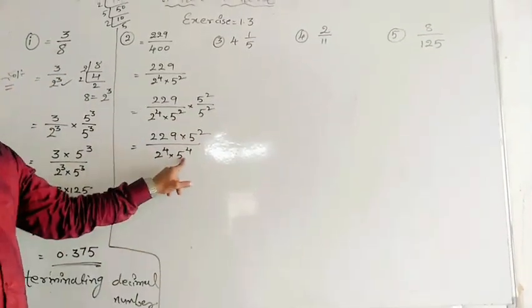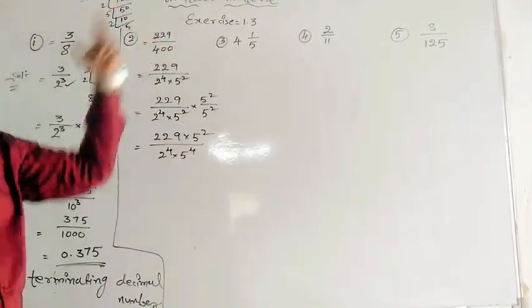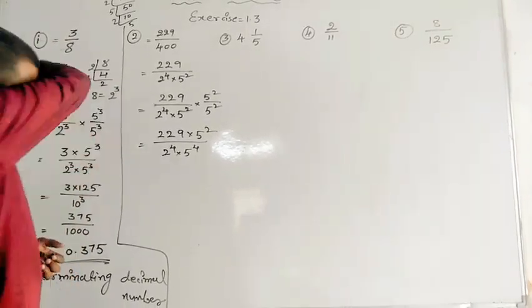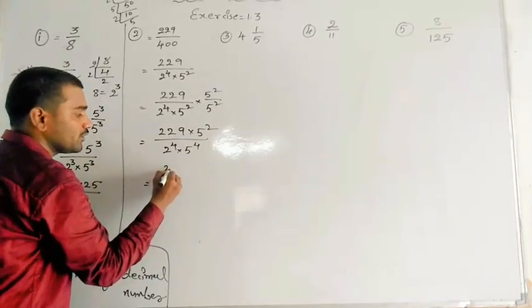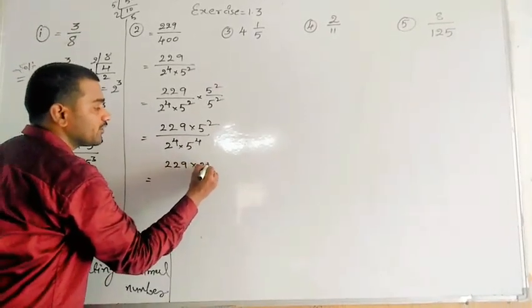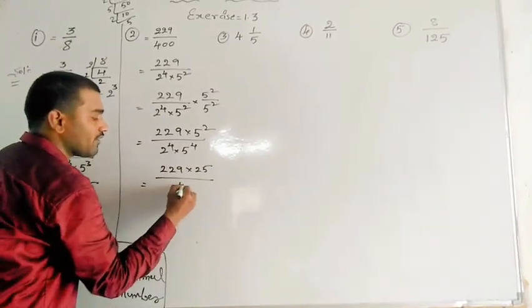Now here 2 into 5 is 10, that means we get 10 to the power of 4. Here this 5 square is 25 now. So 229 into 25 by 10 to the power of 4.